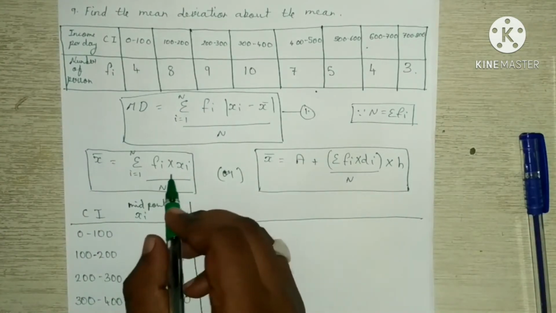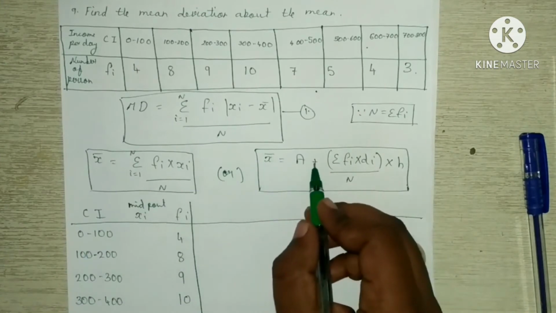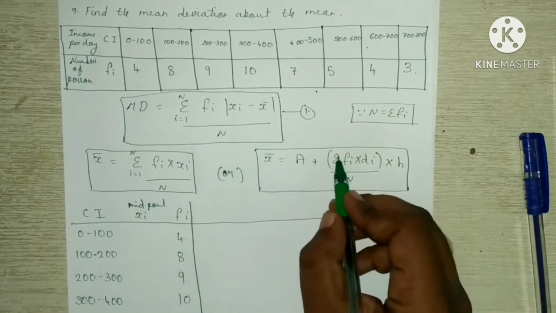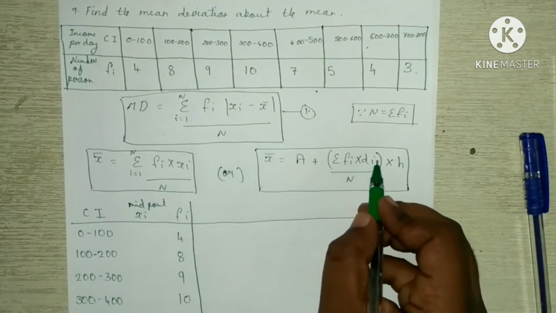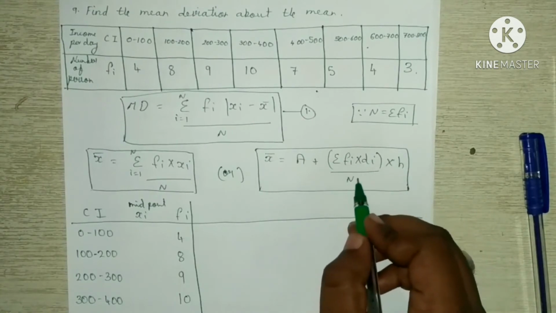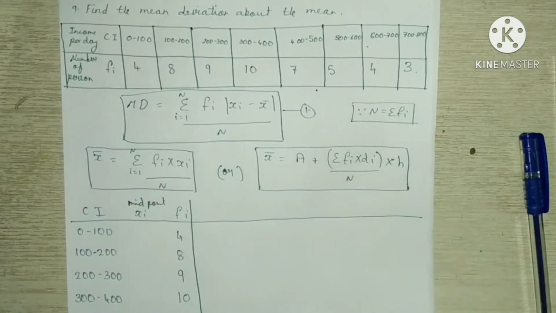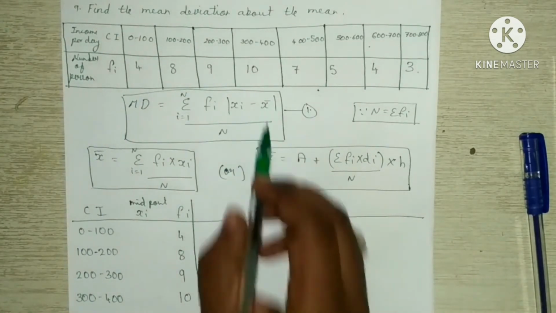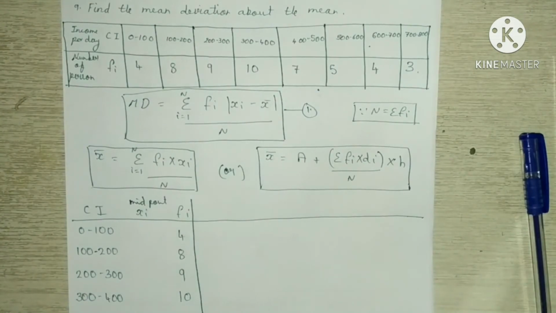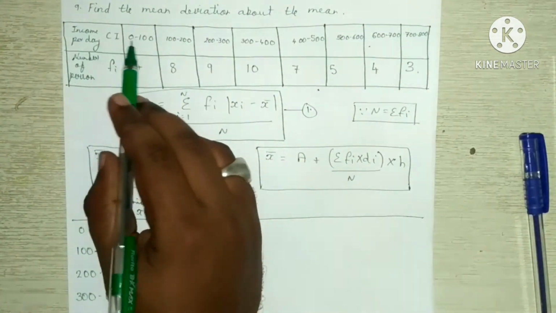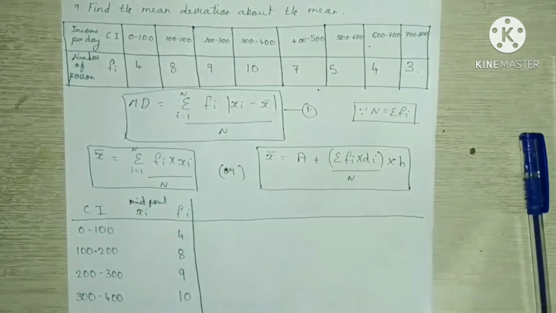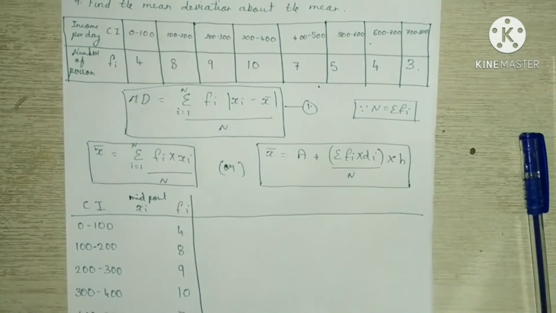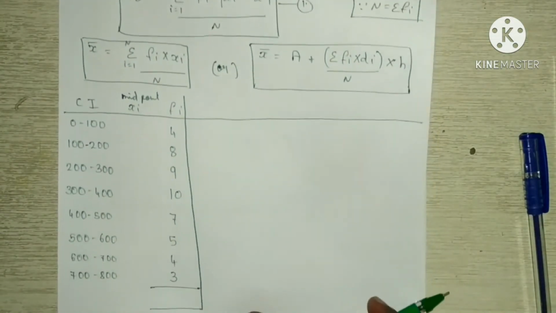The other one, x bar is equal to a plus summation fi into di, whole divided by n, into h. Now we need to find xi and x bar. Xi can be found by the midpoint of the class interval. I will tell you how. Next we'll go with the tabular column.